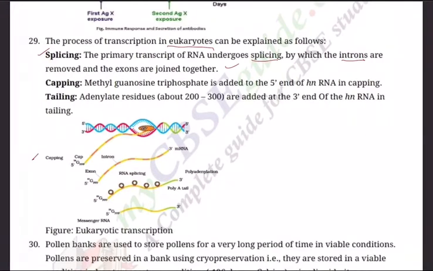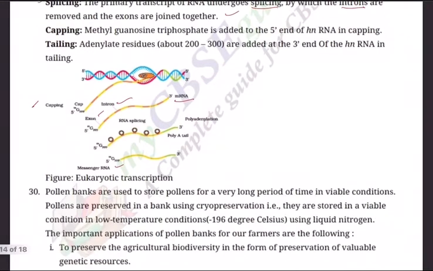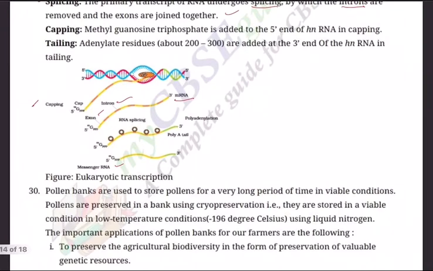Now as you are seeing here, you can see this capping, then also the introns and exons. Now introns are removed, and then you can see the presence of mRNA, and then you can also see the formation of the messenger RNA. So this is basically a transcription, eukaryotic transcription.